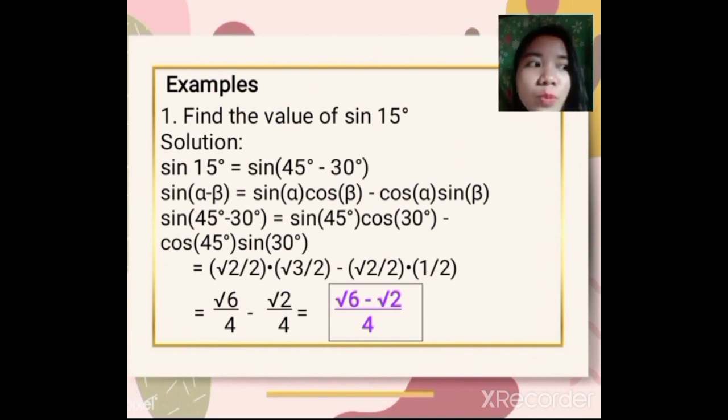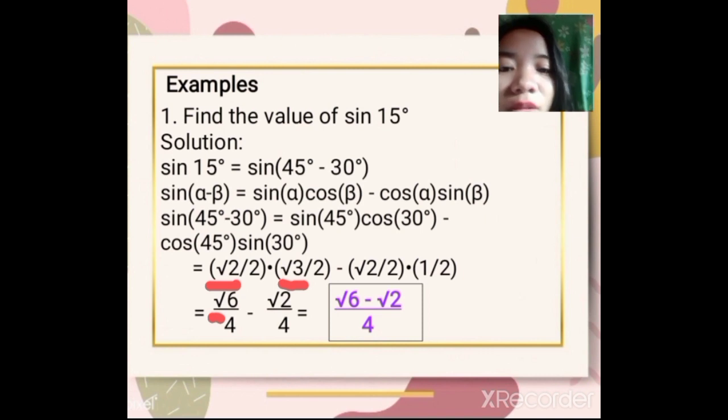So let's multiply. So we have square root of 2 over 2 times square root of 3 over 2 minus square root of 2 over 2 times 1/2. In multiplying fractions, multiply numerator to numerator and denominator to denominator. So square root of 2 times square root of 3, we have square root of 6.